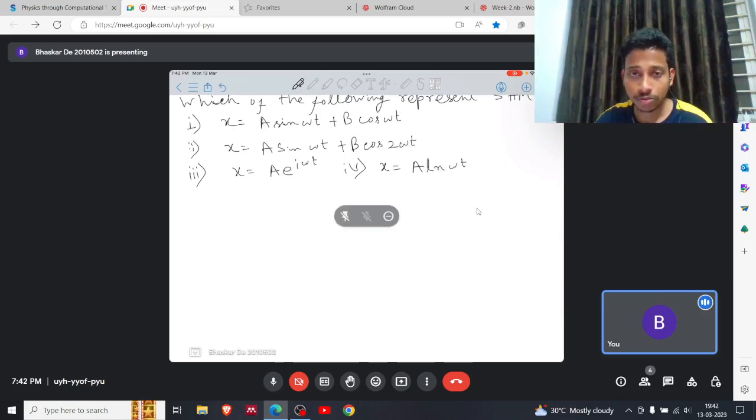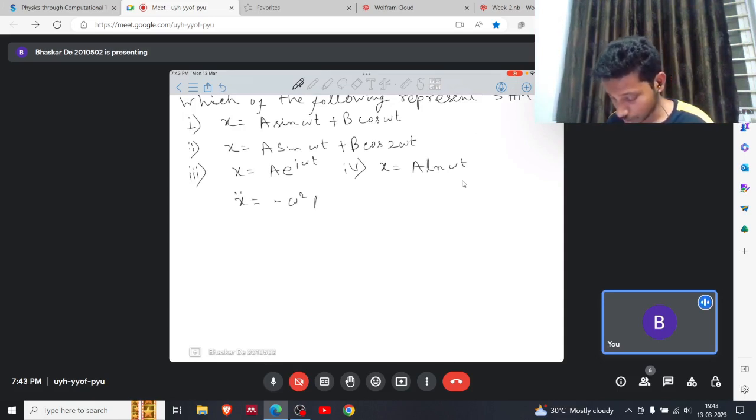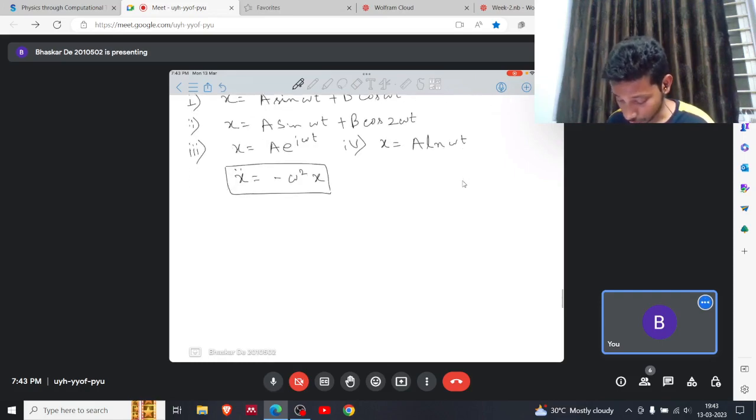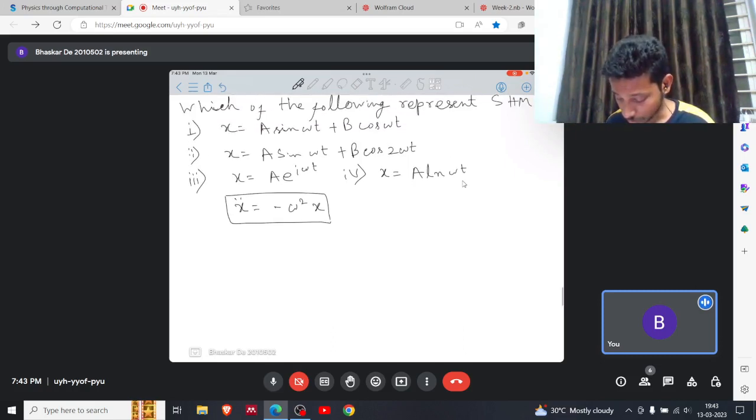To obtain the solution here, we need to verify that this equation satisfies the equation of motion for SHM, that is x double dot equal to minus omega square x. So we will start by taking the derivative of the equations given here.